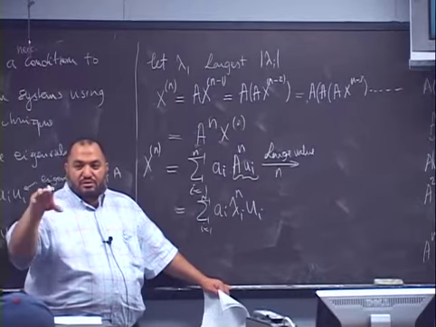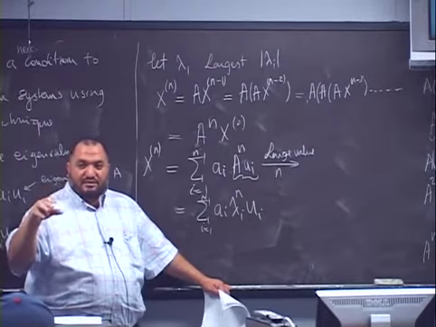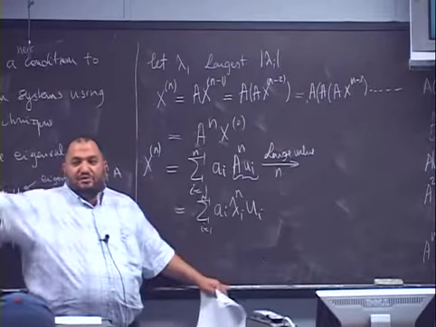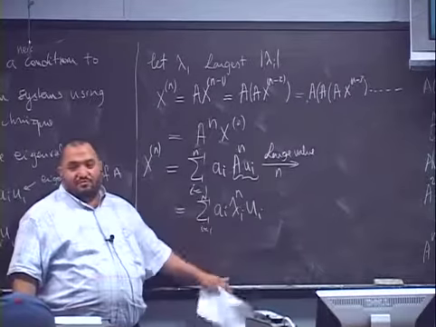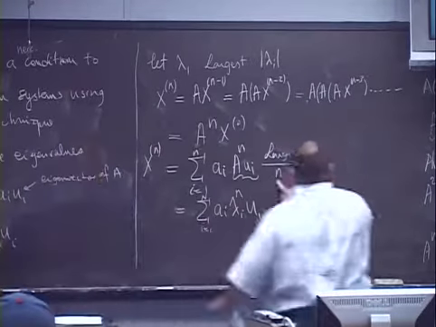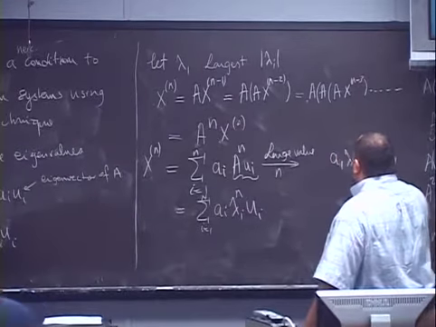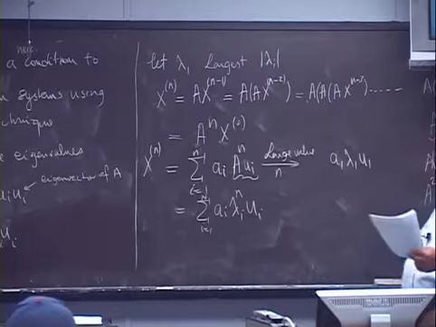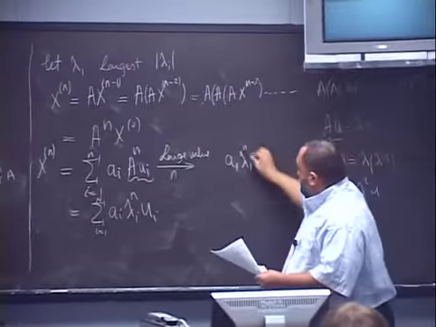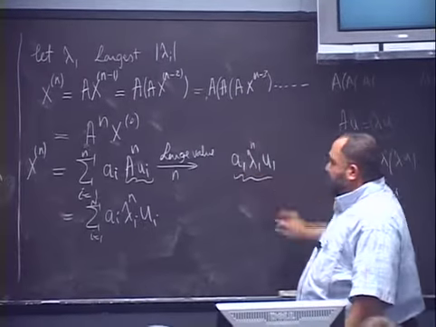So the largest fraction will dominate, and the lowest fraction will be gone after raising this to higher powers. So at large values of n, usually a_1 lambda_1 u_1 is the most dominant term.